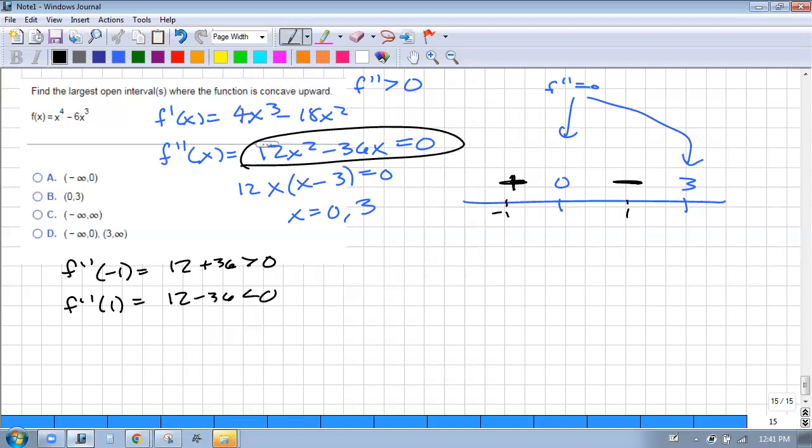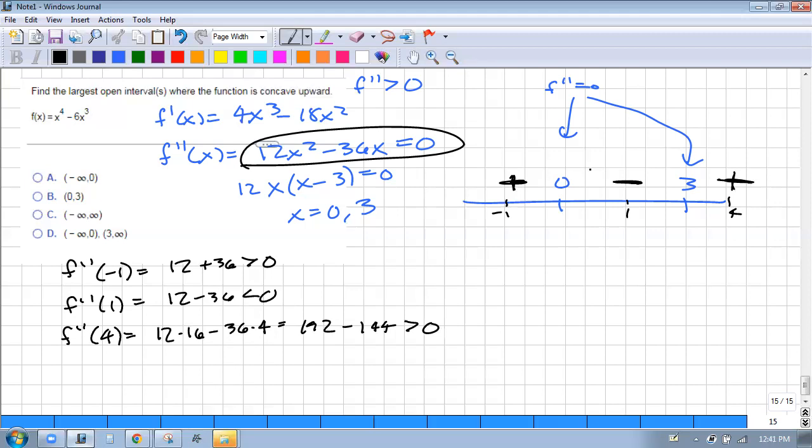And then let's check f double prime of 4. That'd be 12 times 4 squared minus 36 times 4. I don't know what that is. 12 times 16, and then 36 times 4, wherever that is, it's positive.